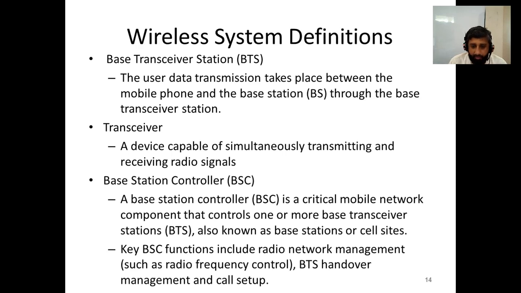BTS handover management: sometimes handover is needed between different BTSs, so it manages those handovers. When a call setup is requested, the base station controller takes up that call setup request and makes the necessary controlling operations to set up the call.